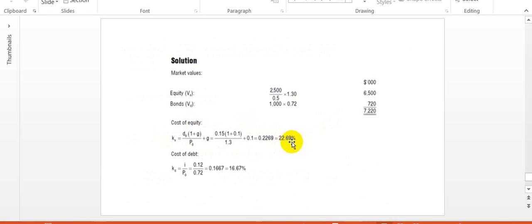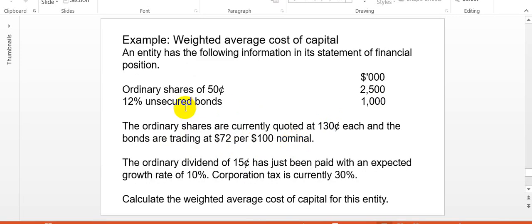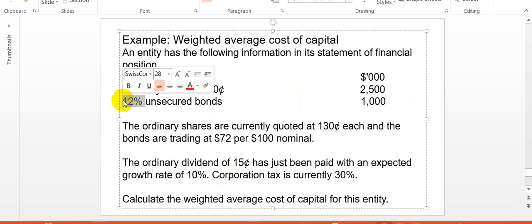We also need our KD, so we go back to the bond there. The interest is there. We know the market price for the bond.